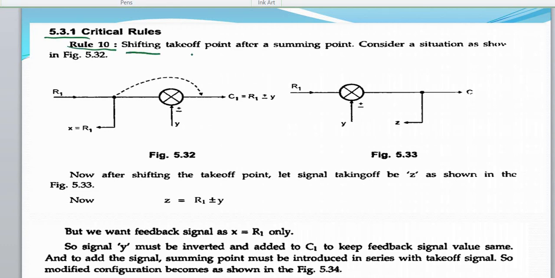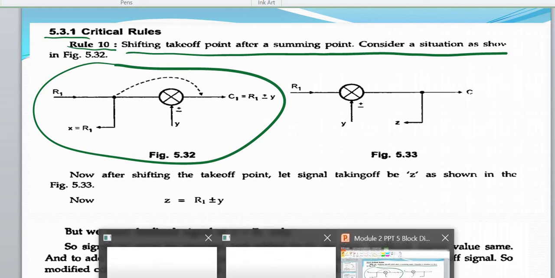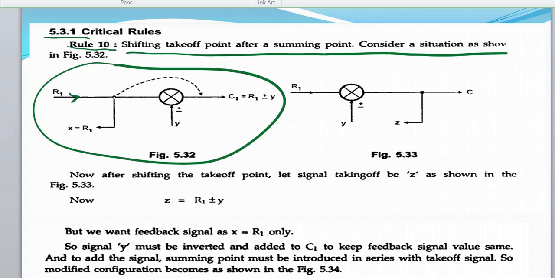So this is shifting of takeoff point after a summing point. In this case, summing point and takeoff point are side by side. So you want to shift the takeoff point this side. So consider figure 5.32. In figure 5.32, there is an input R1.